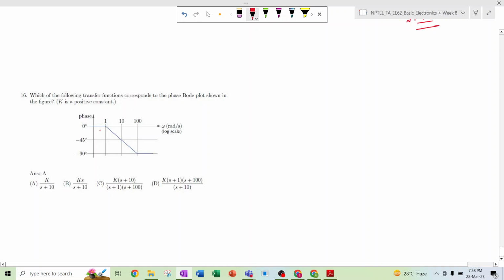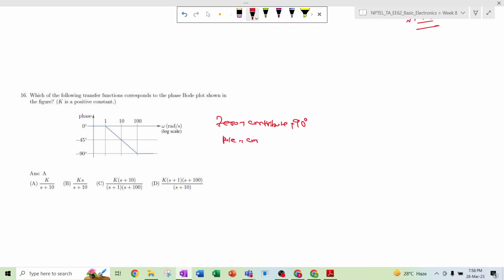Okay, so we have already discussed that a zero contributes plus 90 degrees, positive, and a pole contributes minus 90 degrees.